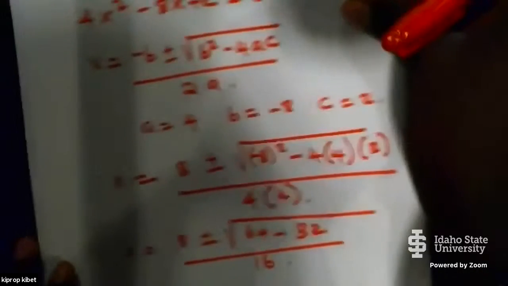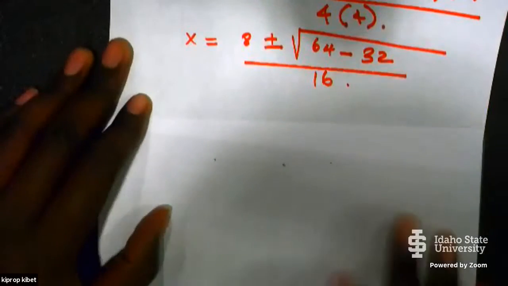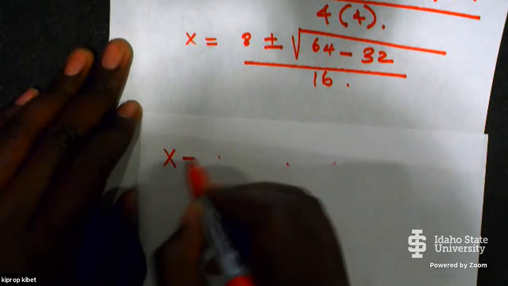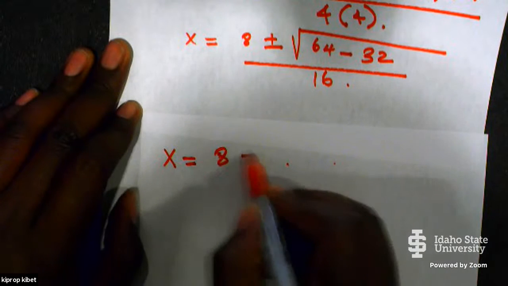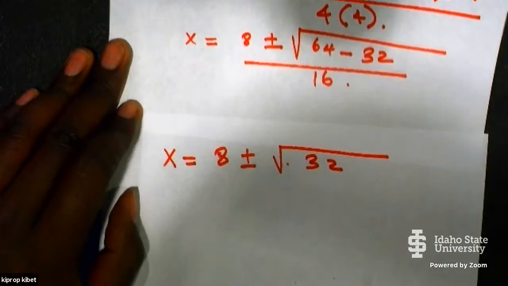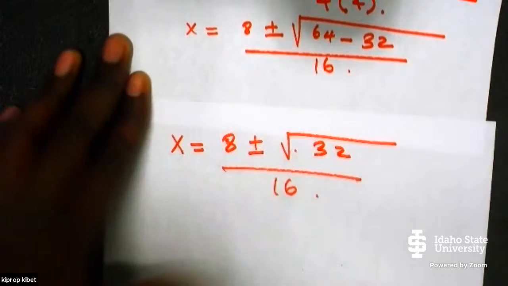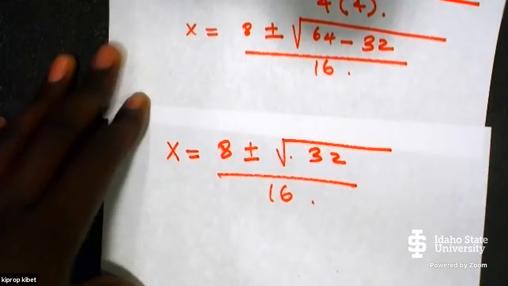Then we simplify. So x equals 8 plus or minus the square root of 32, all over 16.